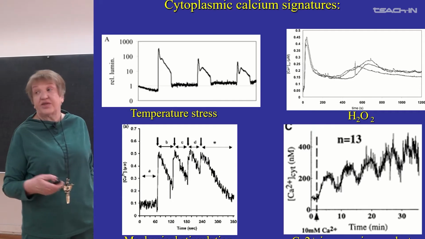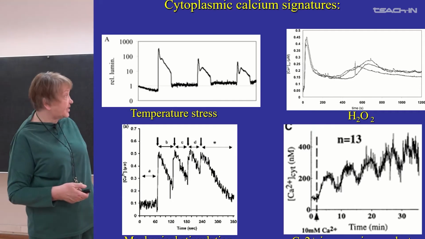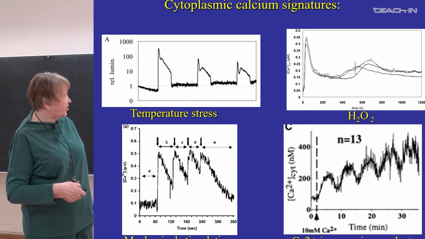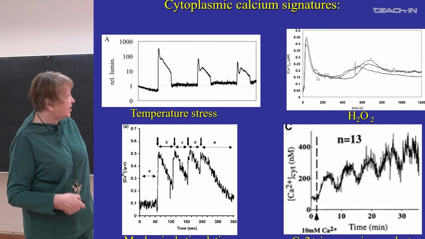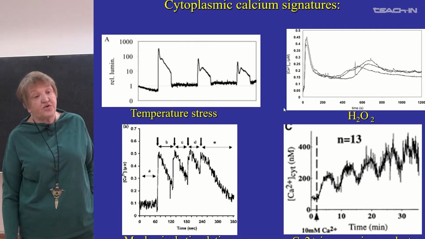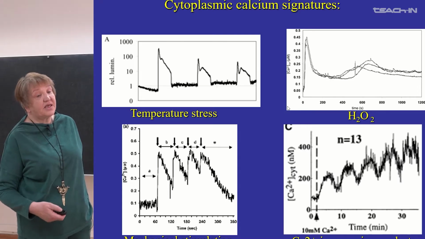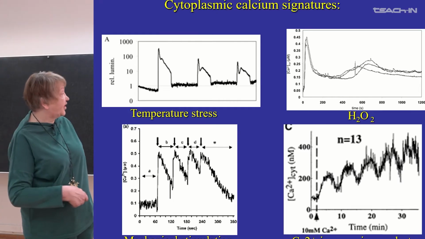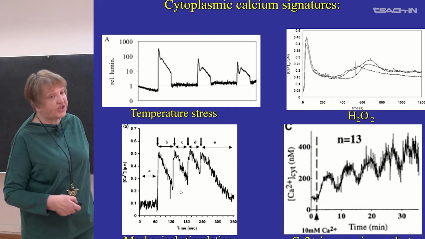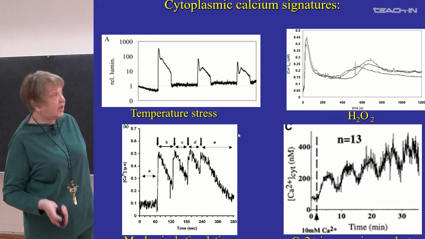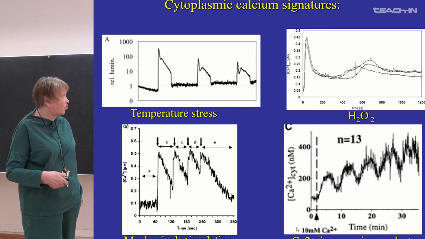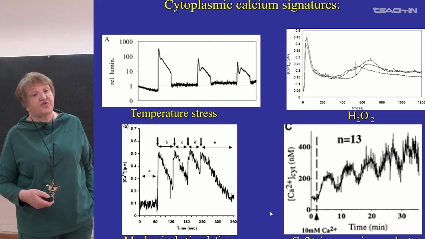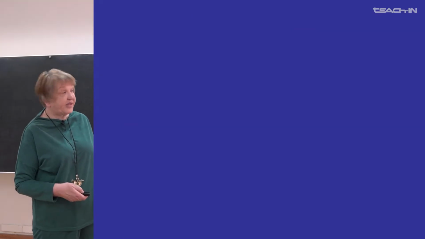And you see that in each of these cases the calcium signature is different. So cells are able somehow to decode those changes, and these changes give them information as to what kind of stress they are experiencing.